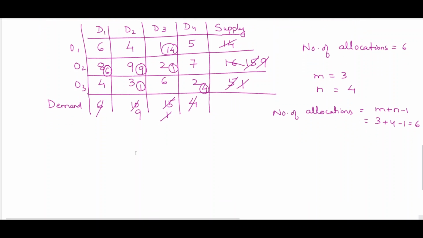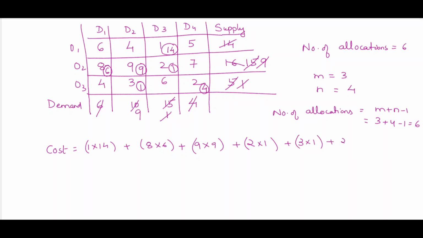So next we will determine the cost. Same thing: 1 into 14, plus 8 into 6, plus 9 into 9, plus 2 into 1, plus 3 into 1, plus 2 into 4.